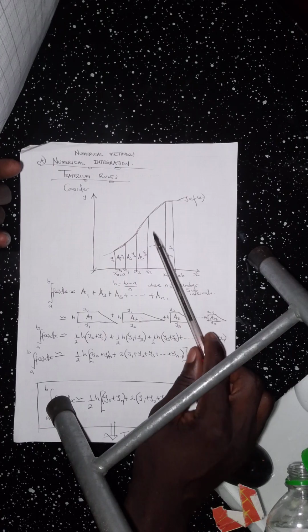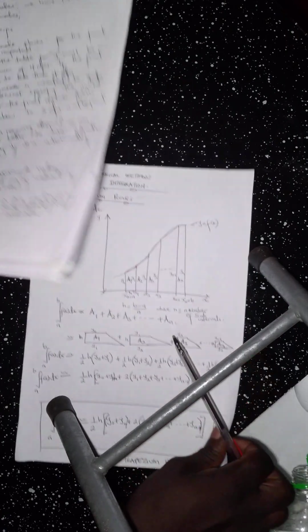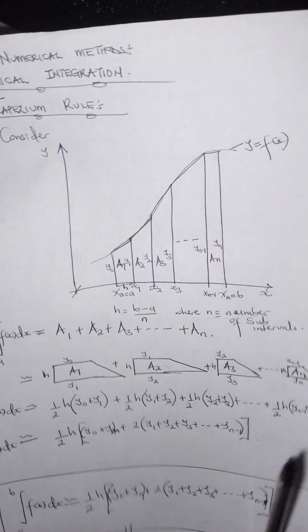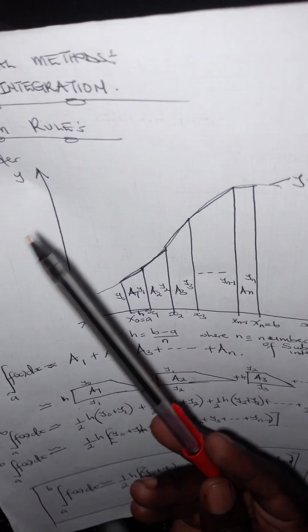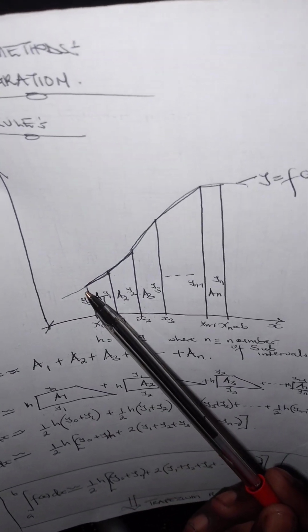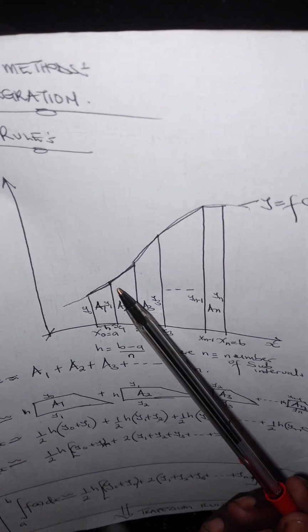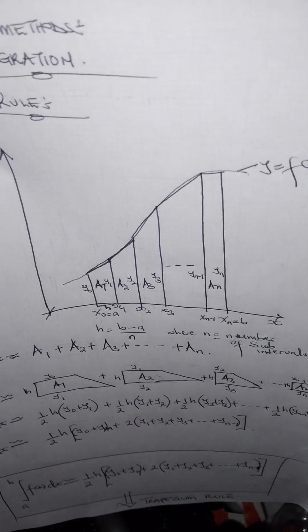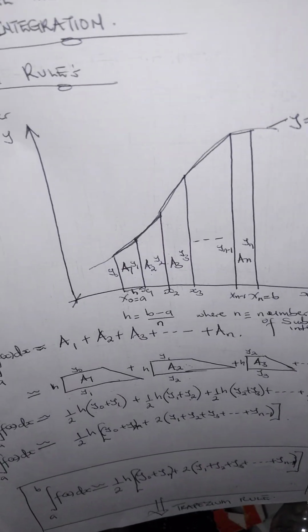This gives an approximate value, as you can see clearly, because as a result of drawing the trapeziums, there is some area which is left out and some other area which is included.